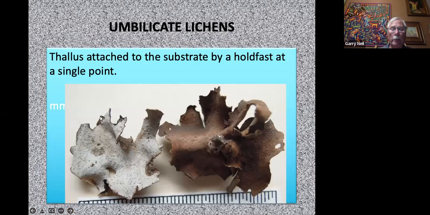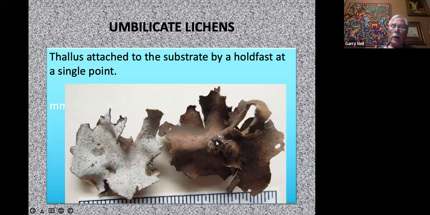Okay, then we have the umbilicate, the one I told you that is only attached by one point. Here we have the upper surface of this particular lichen, and the lower surface, and it is attached usually to rock only by this one projection. And this particular structure is called the umbo.